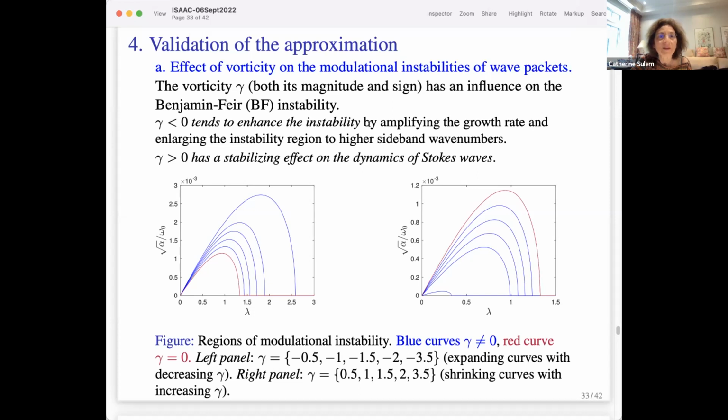It tends to enhance the instability by amplifying the growth rate and enlarging the instability region to higher sideband wave numbers.